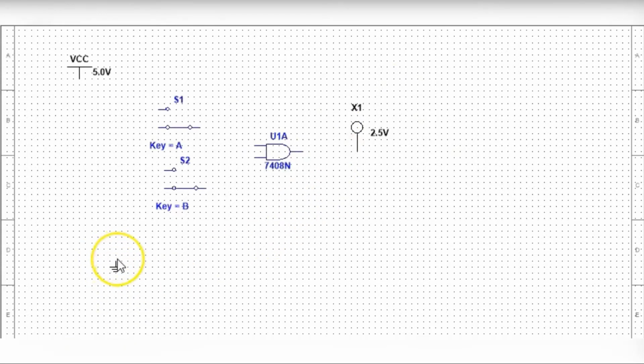So we need to complete setting up the circuit.